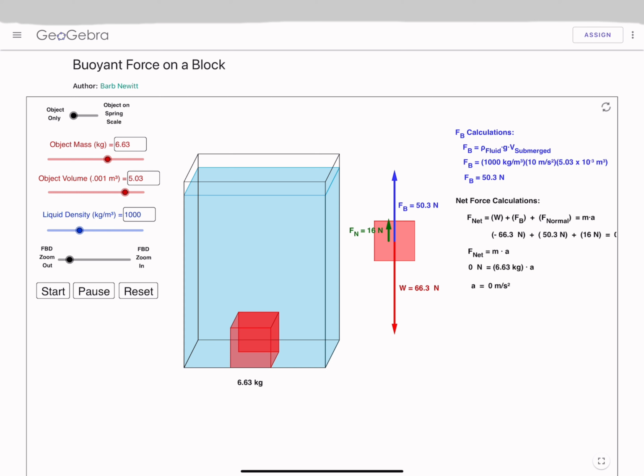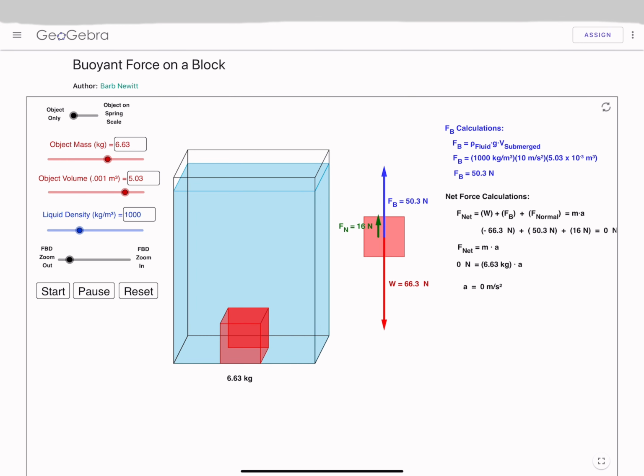This is equal to the weight. So when the block goes to the bottom, the net force becomes 0, and the body will be at rest, no acceleration, a is equal to 0. You can see these are the forces, and ultimately the resultant force is 0, so of course the acceleration is also 0.